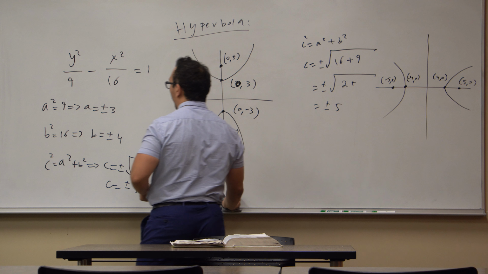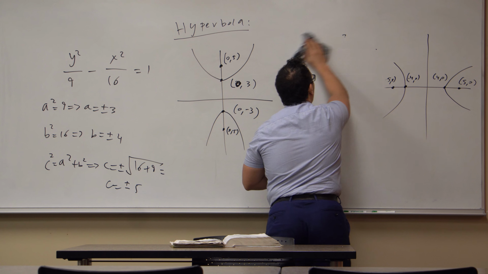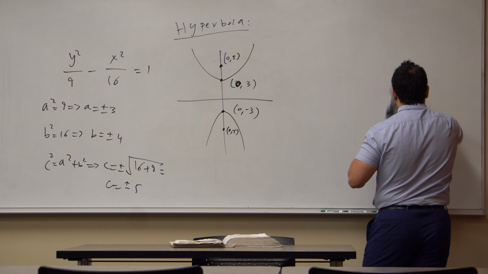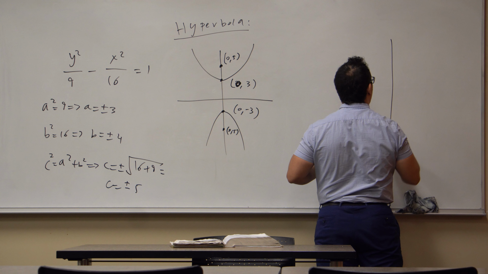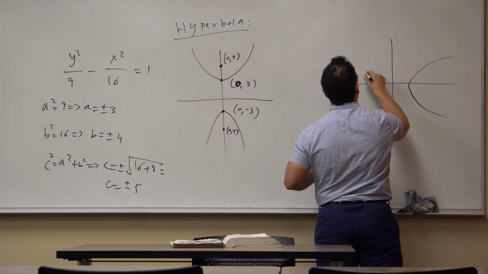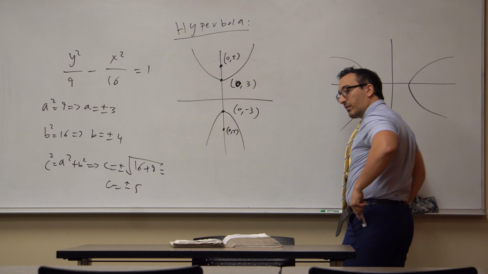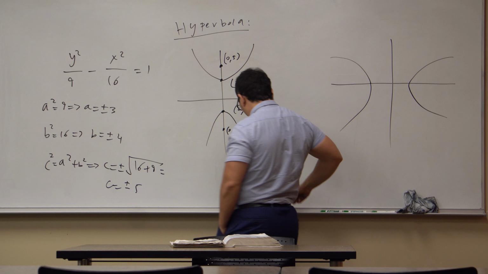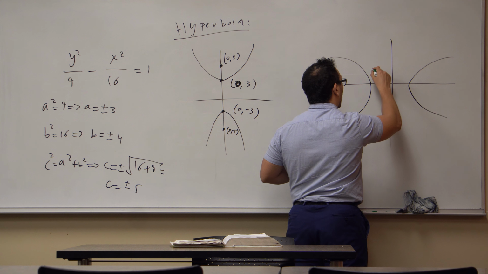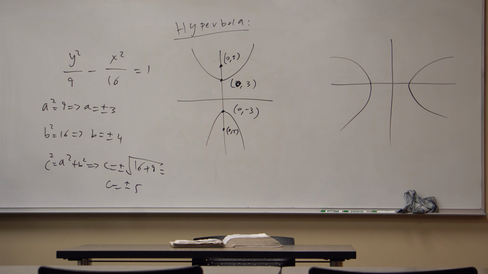There is some more information with regards to hyperbolas, and that is about their asymptotes. Notice that a hyperbola, when we draw it, like this, and like this, we can actually establish kind of a fancy situation here.